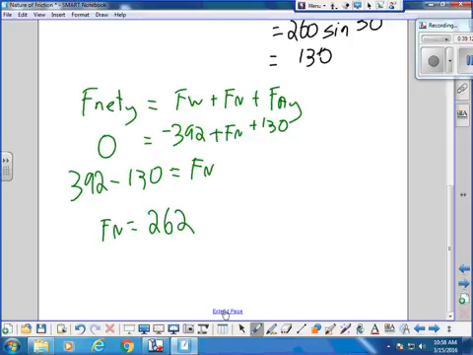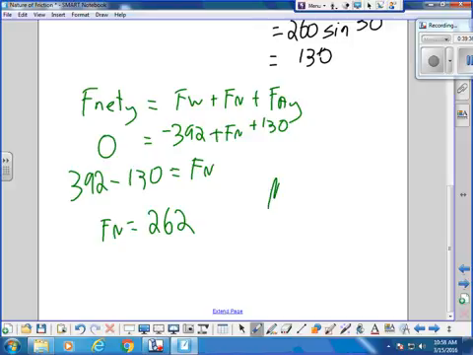Can I do that subtraction in my head? Here's how I did it, Nate. 2 minus 0, 2. 9 minus 3, 6. 3 minus 1, 2. That's called arithmetic. They used to make us do that in the good old days.